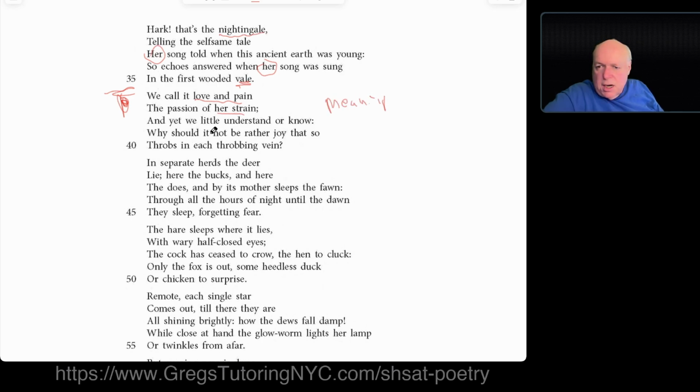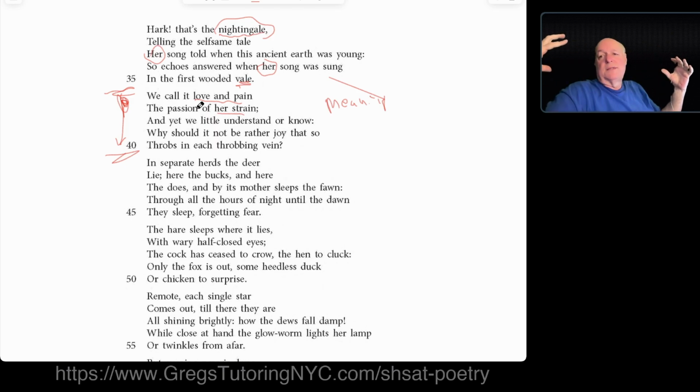Why should it not rather joy that so throbs in each throbbing vein? So the nightingale's affiliated with love and things like that. And maybe heartbreak, or something like that. So, right. So again, this is kind of pushing it. And again, this was a grade 6 passage. So this is even pushing it for me to understand what's happening here. And again, it leans on being cryptic. We really have to kind of stop.